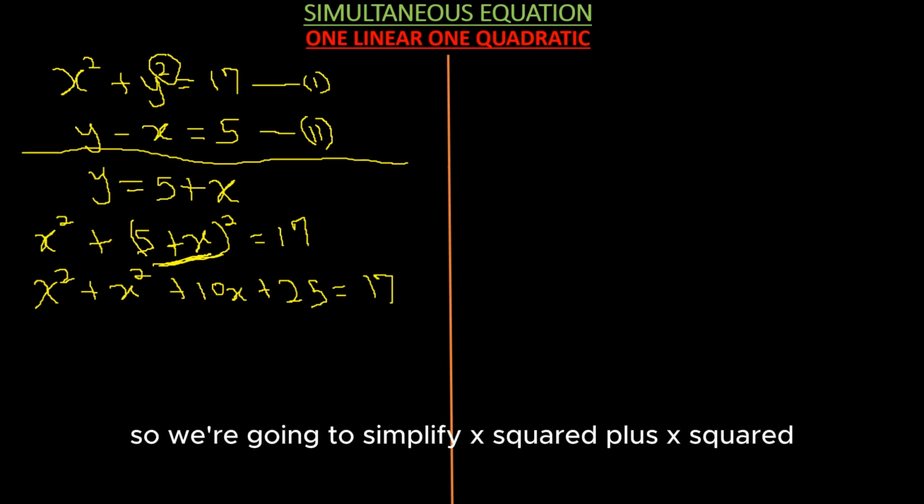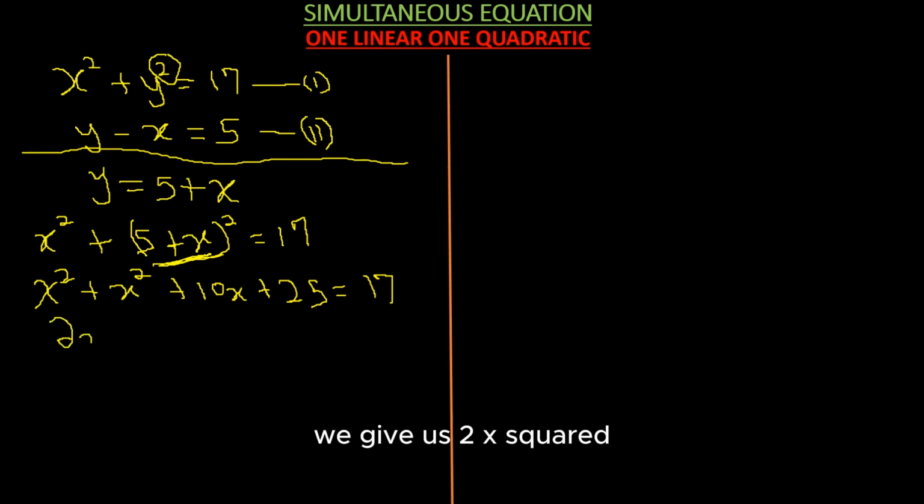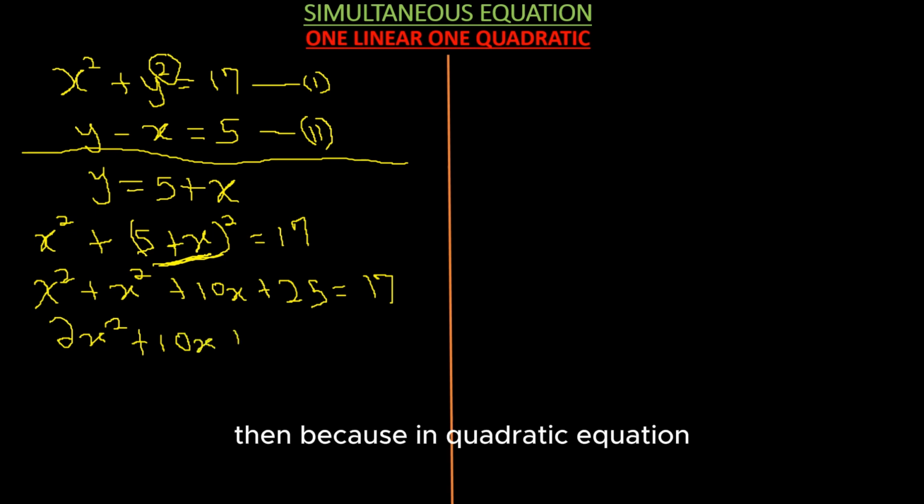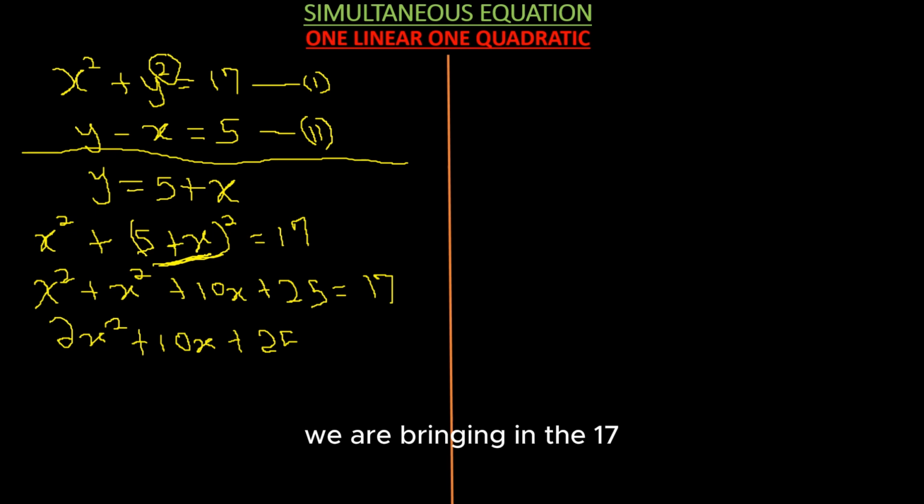So we're going to simplify. x squared plus x squared gives us 2x squared. Then 10x stands alone, no like terms. Because in a quadratic equation our equation must be equal to 0, we have 25, and we bring in the 17.